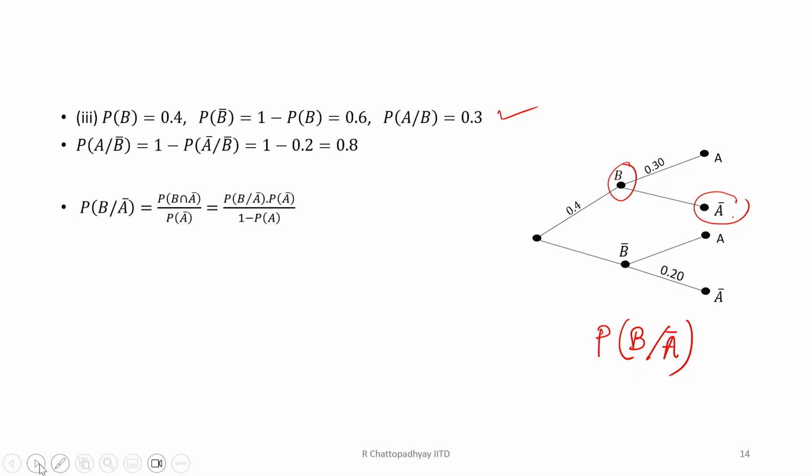And P(A given B bar) is how much? P(A given B bar) is 1 minus P(A bar given B bar), that is this, and this will actually be 0.8.